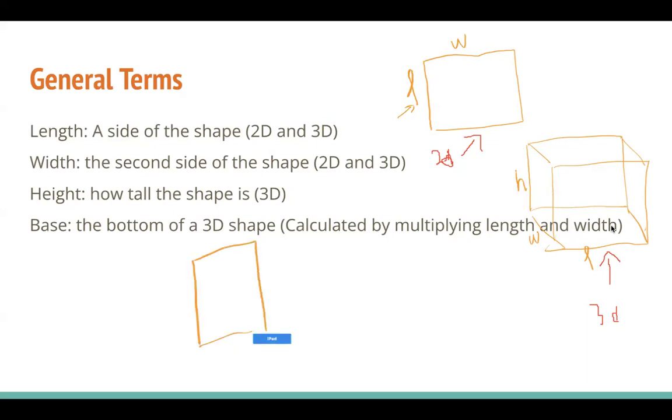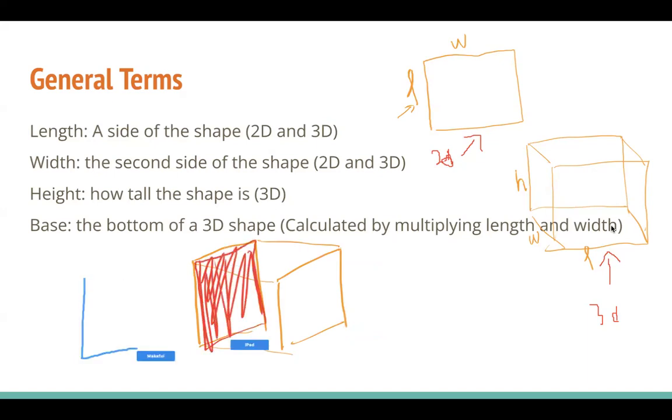So the way you build up a 3D shape, if I were to draw a 3D shape here, you have this starting shape here. So it's just this one square. And you multiply this by the height to get the volume.